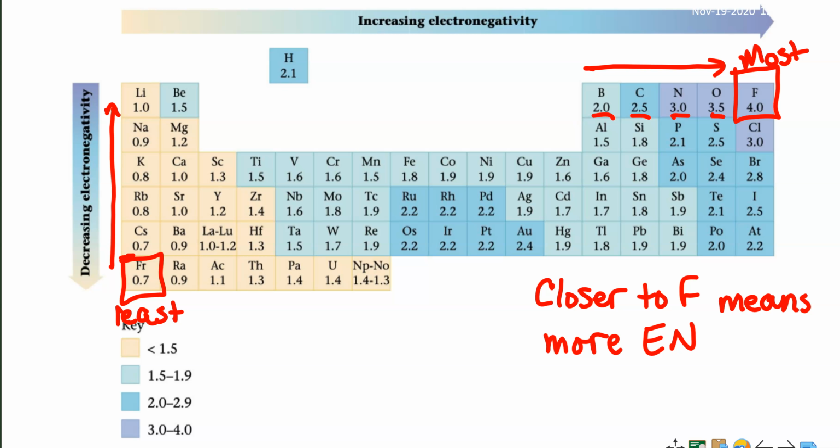So there is one exception, and that's hydrogen. Hydrogen is like boron and carbon. If we positioned it just based on its electronegativity, it would be between boron and carbon.